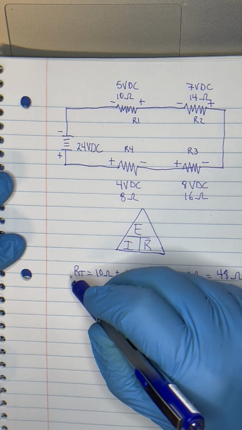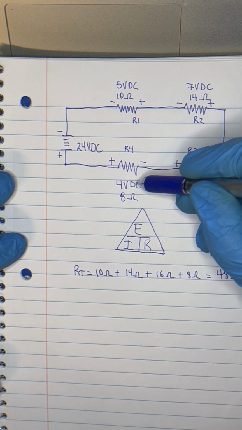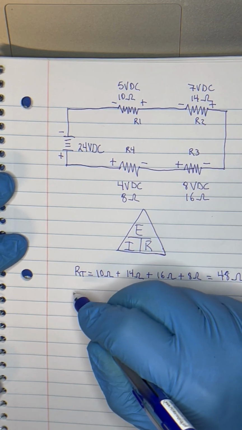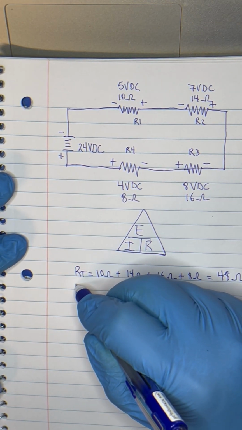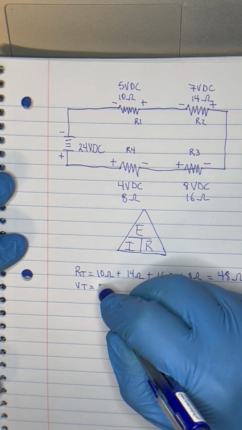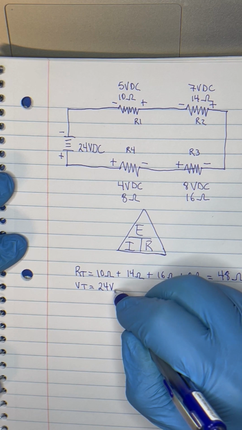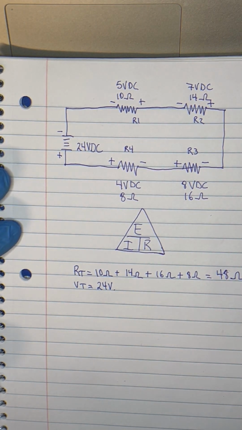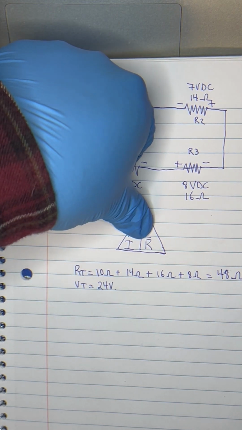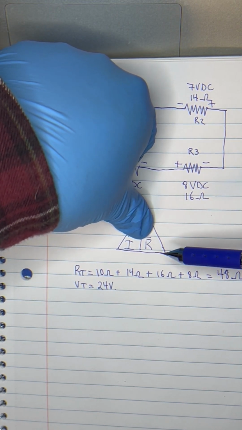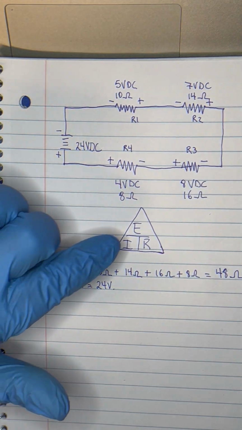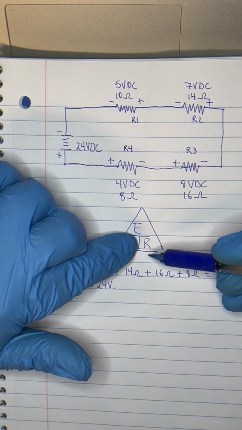So, we already know by adding all the voltages that total voltage is equal to 24 volts. So we already got voltage and resistance. So now we can find current.